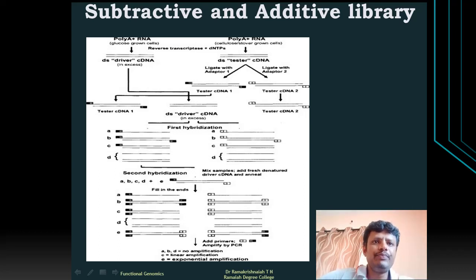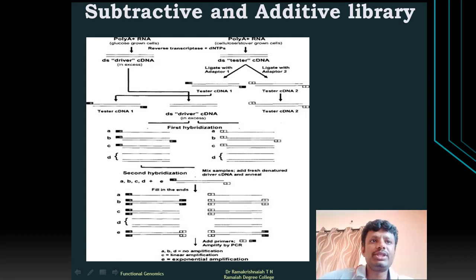So more likely both will try to form hybrids. The driver and tester are usually single stranded, and they come together and start to bind with each other. For this, two important things we have to note. The driver and tester will form one hybrid.